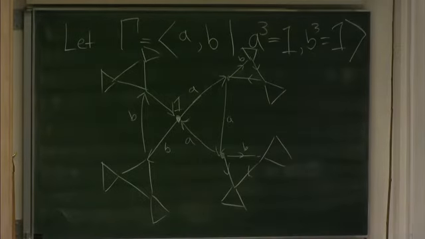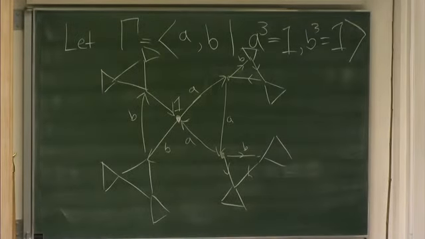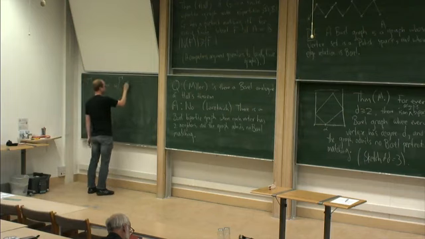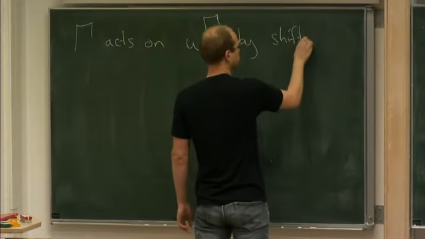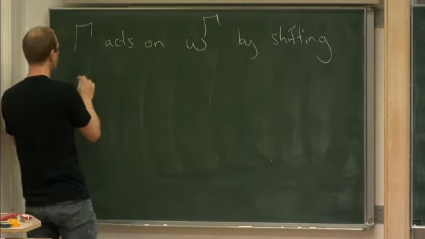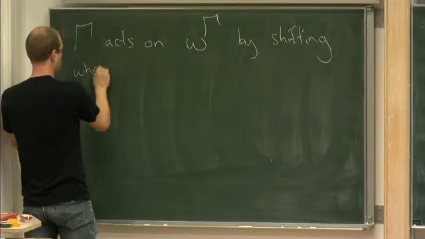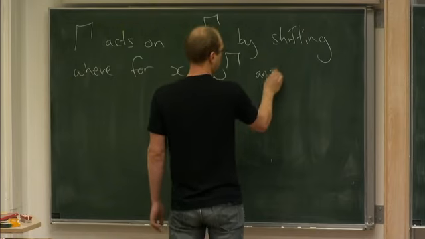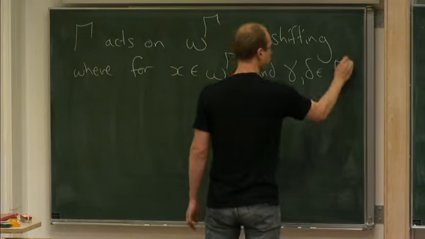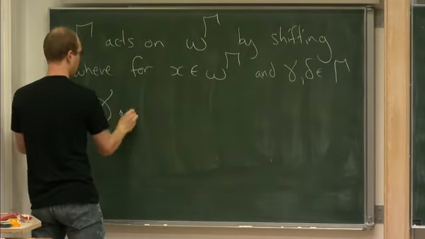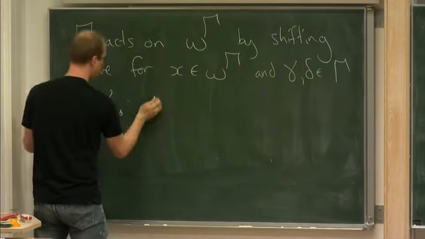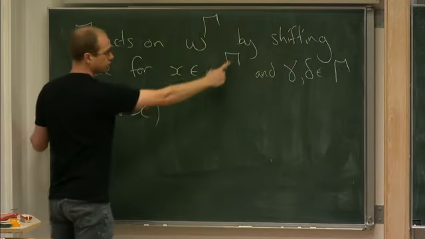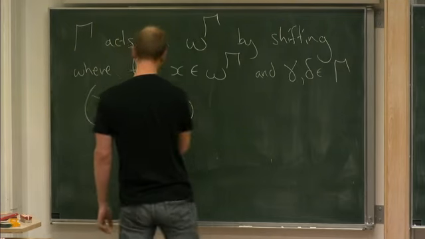So I'll define algebraically that action. Gamma acts on the space of functions from gamma to omega by shift, where for x in omega to the gamma and group elements gamma and delta in gamma, if I want to act by gamma on x, this is another function from gamma to omega, so I need to define what it does at each group element.